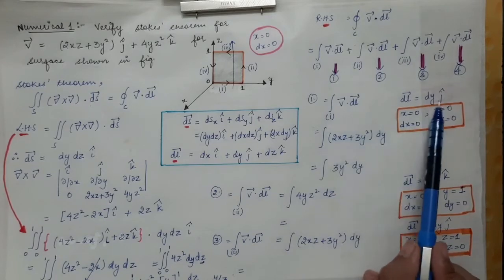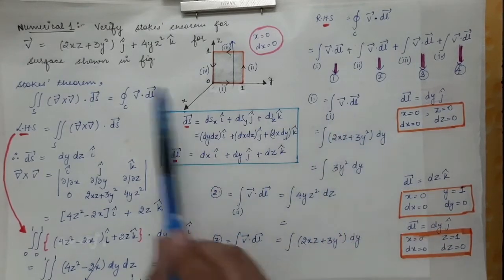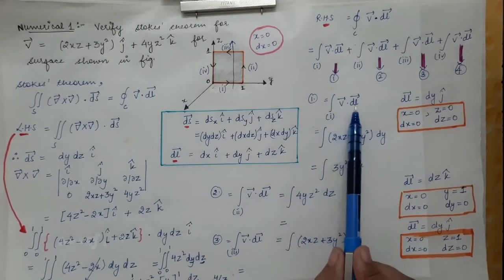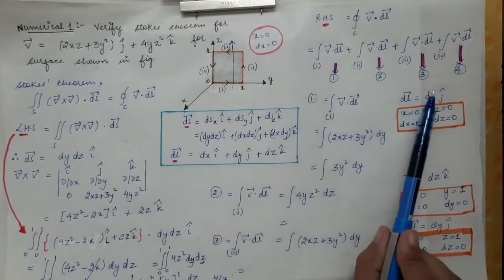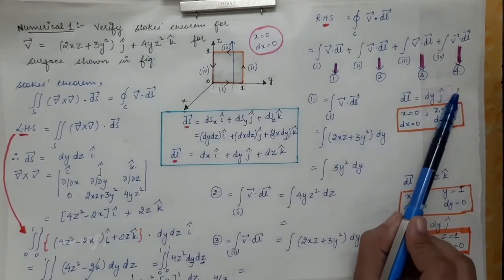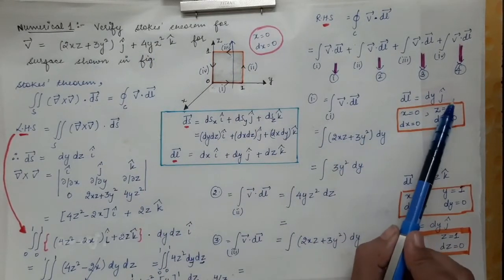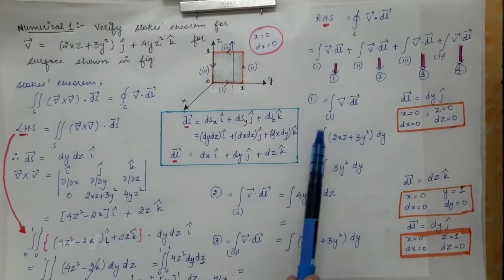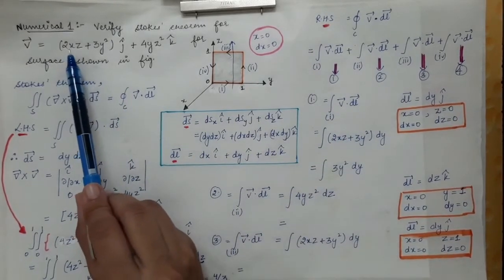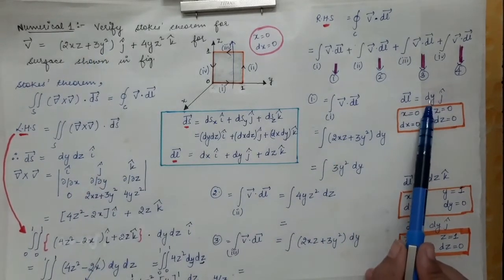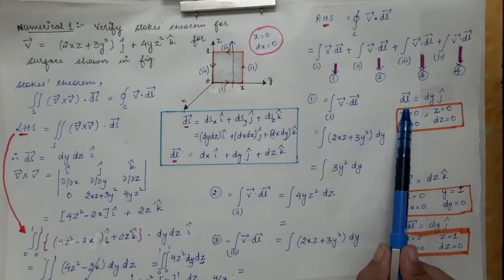The dl vector has only the y component. So when you do the dot product, the y component of v multiplies with the y component of dl, and the z component of v is multiplied with 0, because in the dl vector there is no z component. So v dot dl for the first path is 2xz plus 3y square, which is the y component, into dy.